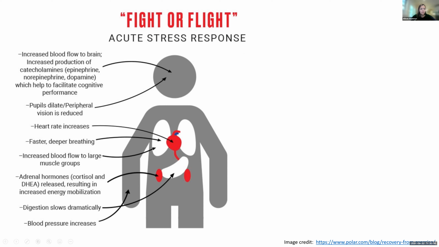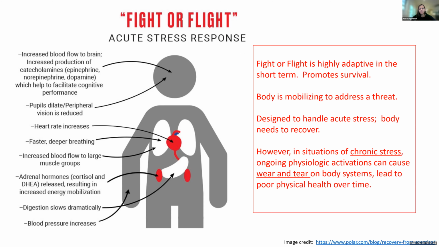We have things like increased heart rate or faster, deeper breathing, increase in blood pressure. Adrenal hormones are kind of working overtime to meet the demands of the stressor in our environment. It's highly adaptive. This is what's promoted survival for humans for centuries. Our body is mobilizing to address a threat.